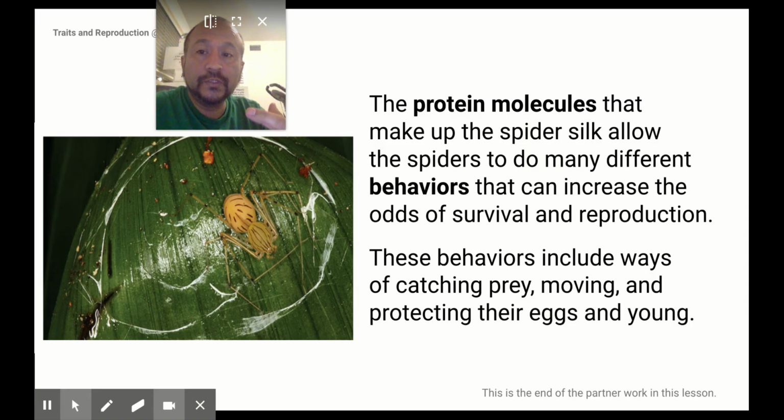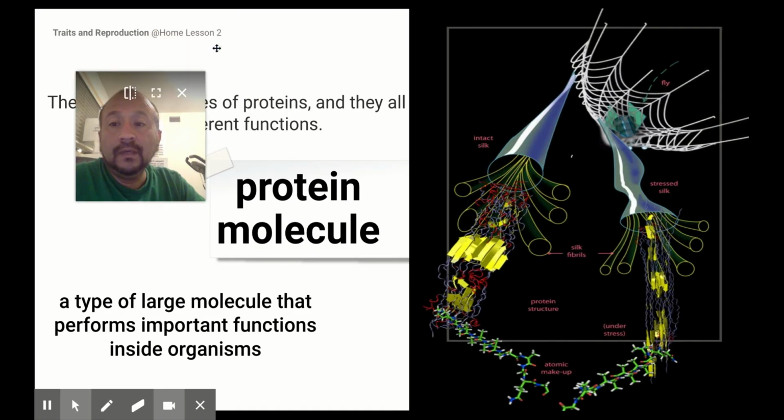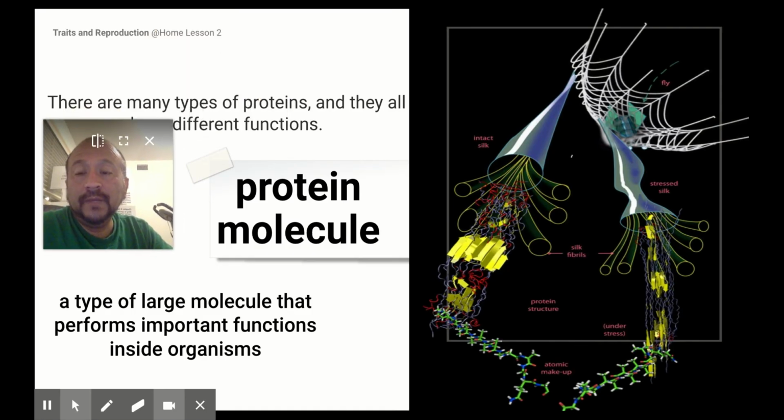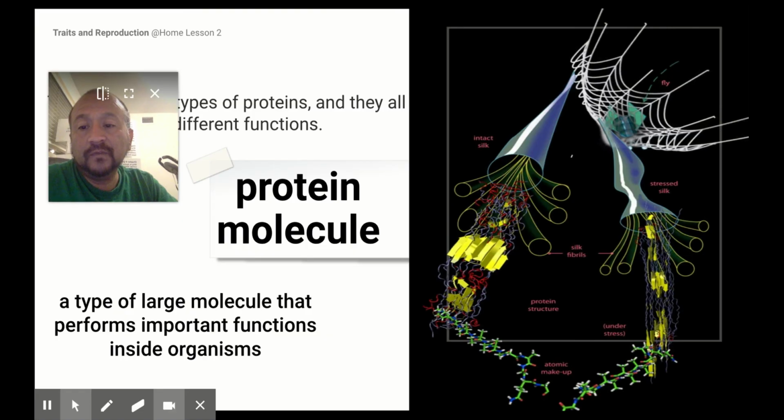They want to reproduce, make more offspring, and also survive, catch prey, move, protect their young, their eggs. And there are many different types of proteins. A type of large molecule is a protein molecule that performs important functions inside organisms.